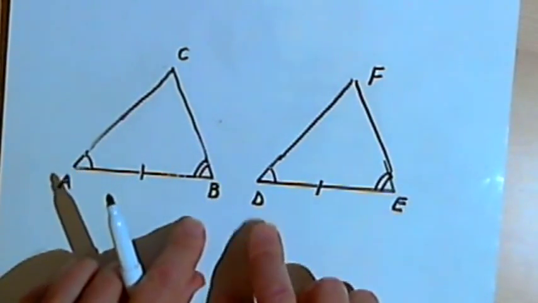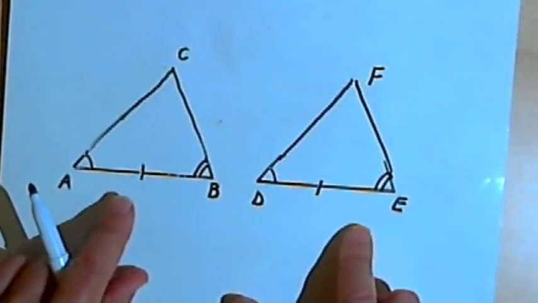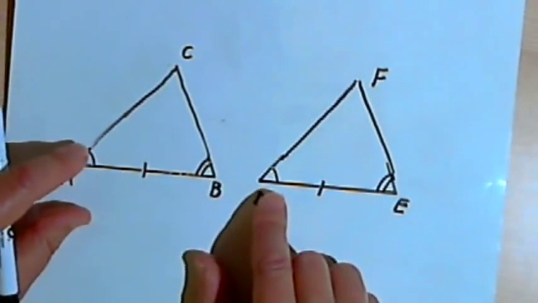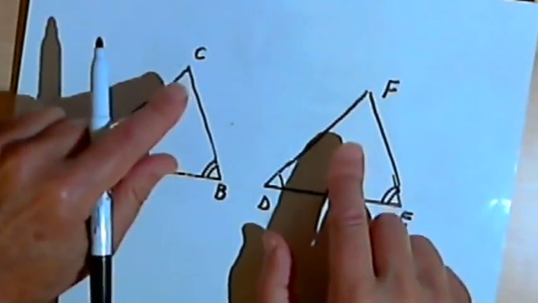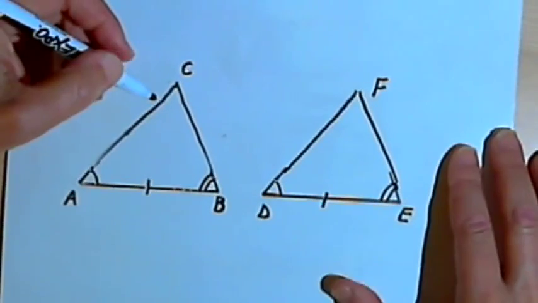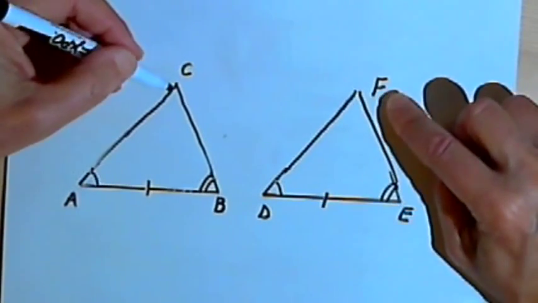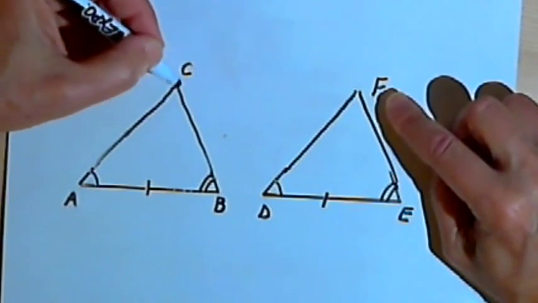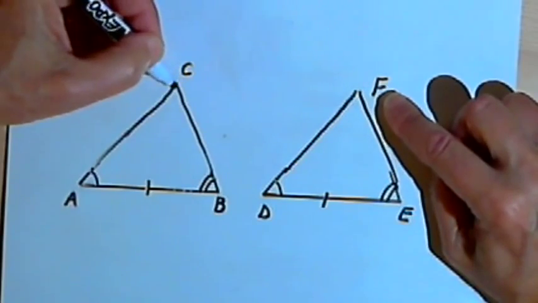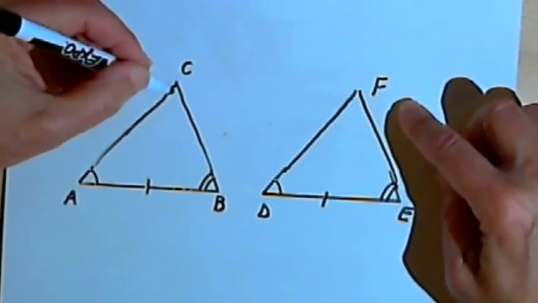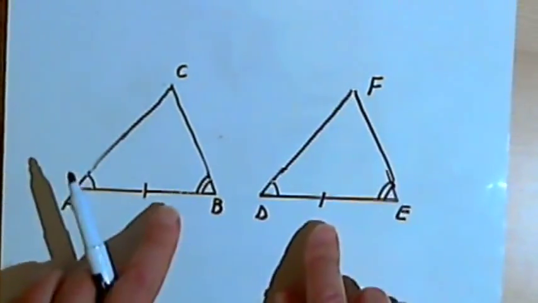Figure AB and figure DE were identical. When I extended their corresponding rays, they must be doing exactly the same thing. They must be meeting in corresponding places that are in exactly the same place relative to the rest of the figure.